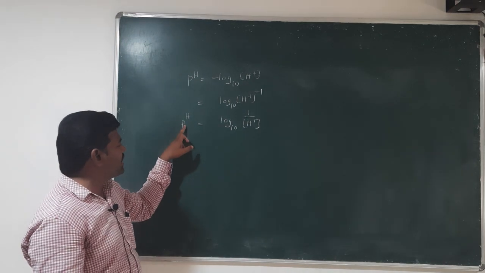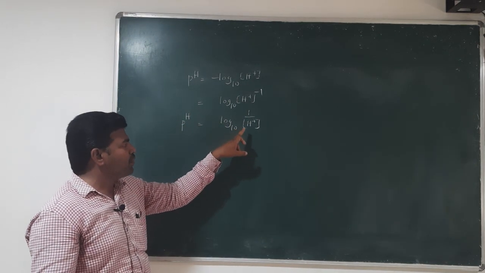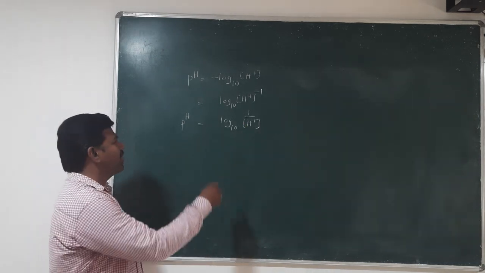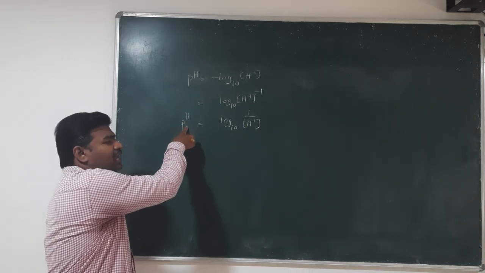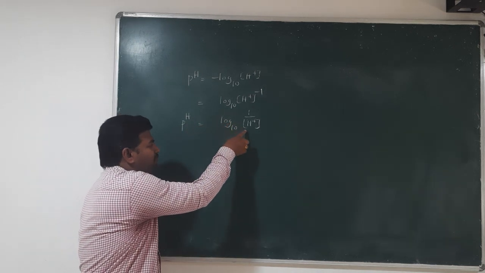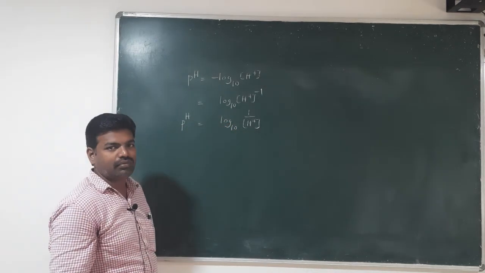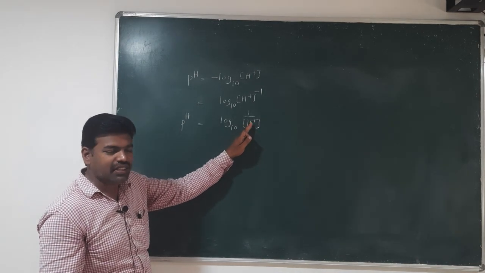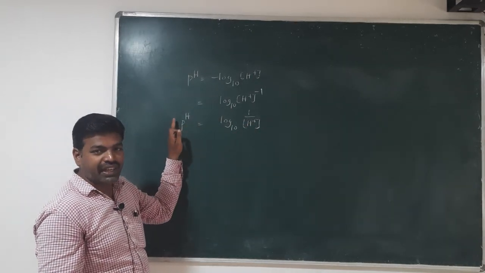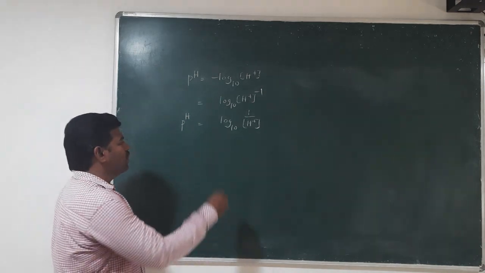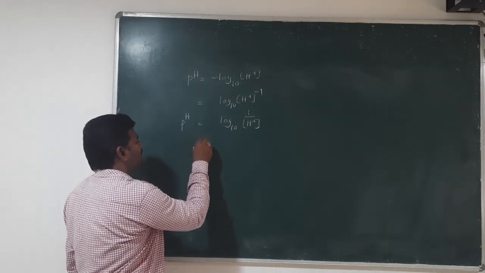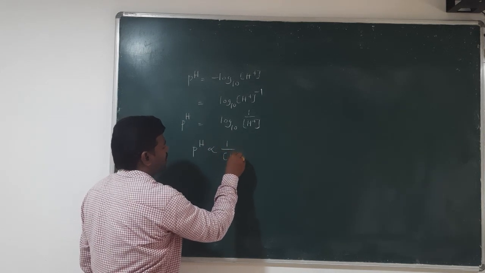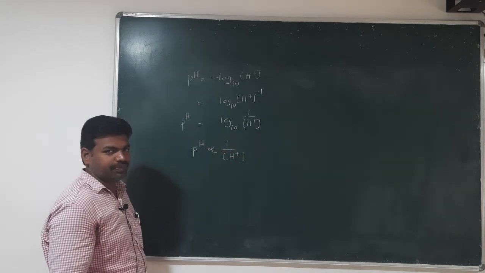So pH is inversely proportional to the concentration of H plus ions. That means with increasing pH value, the concentration of H plus ions decreases, or with increasing concentration of H plus ions, the pH value decreases. So pH is inversely proportional to 1 by the concentration of H plus ions.